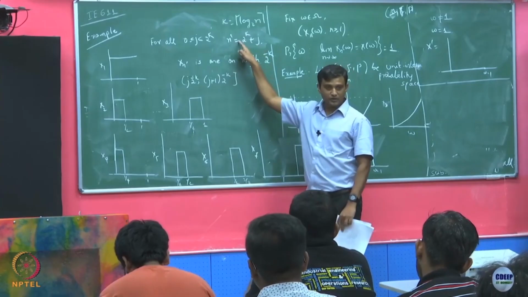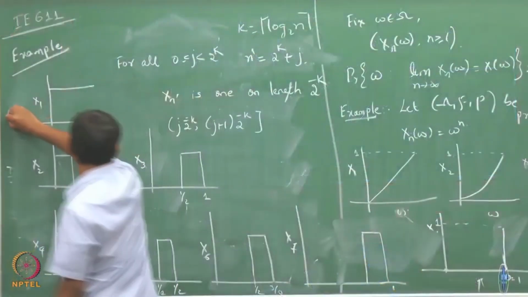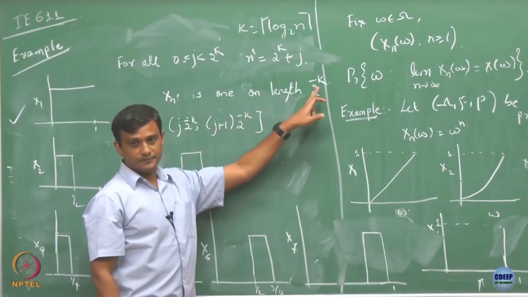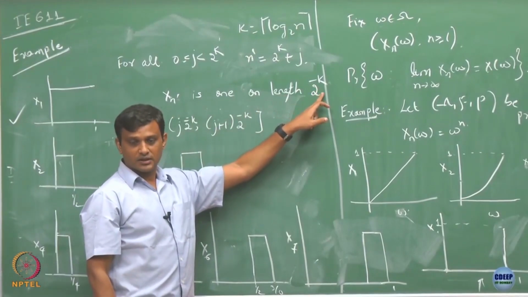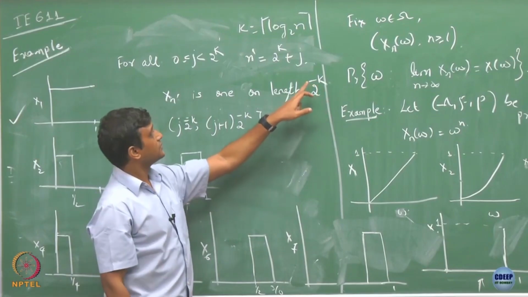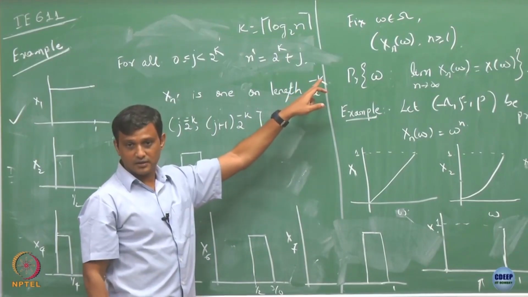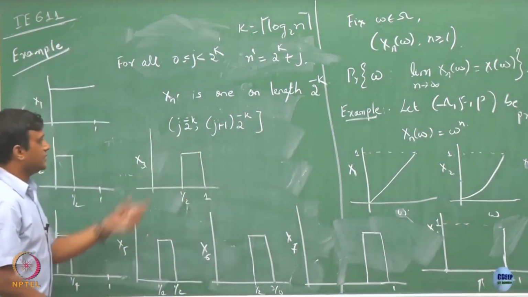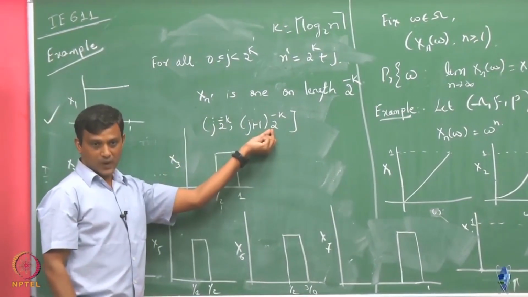So I have n prime equals 1. So that corresponds to this case. And what is the length here? k was 0, right? So this is 1 and it is the interval 0 to 1.